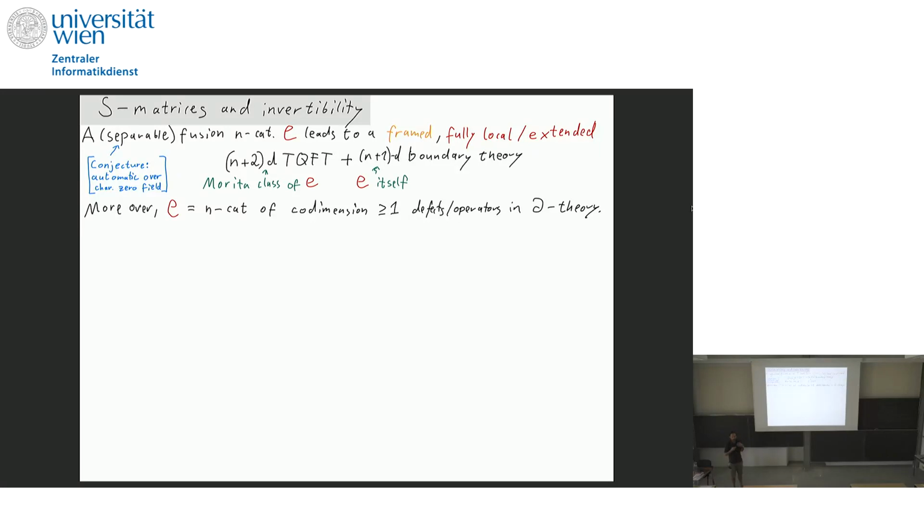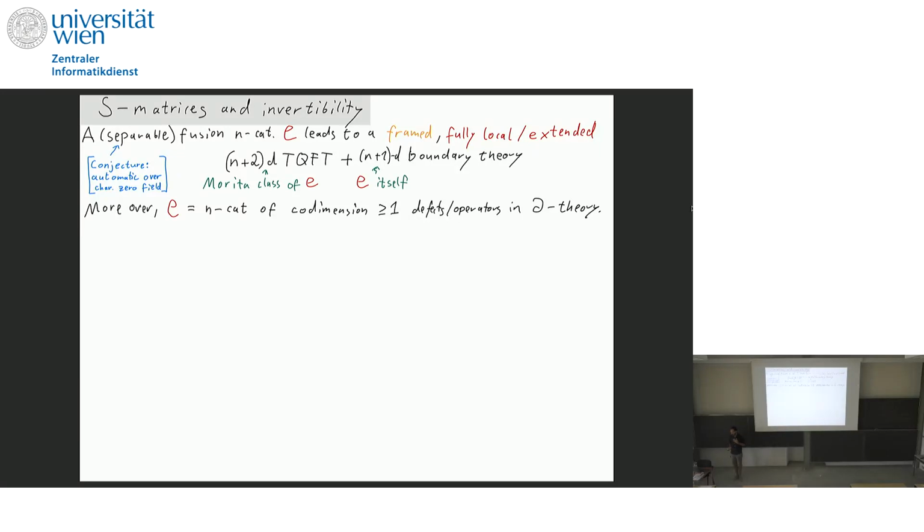And its boundary theory really remembers C itself, so this remembers C up to isomorphism rather than up to Morita equivalence. Moreover, you can recover C, and there you see that you need the boundary theory for this, as the n category of boundary conditions of this boundary, of defects in this boundary condition. This is the n category of codimension greater or equal to 1 defects, an operator. The objects are codimension 1 defects, and so on.